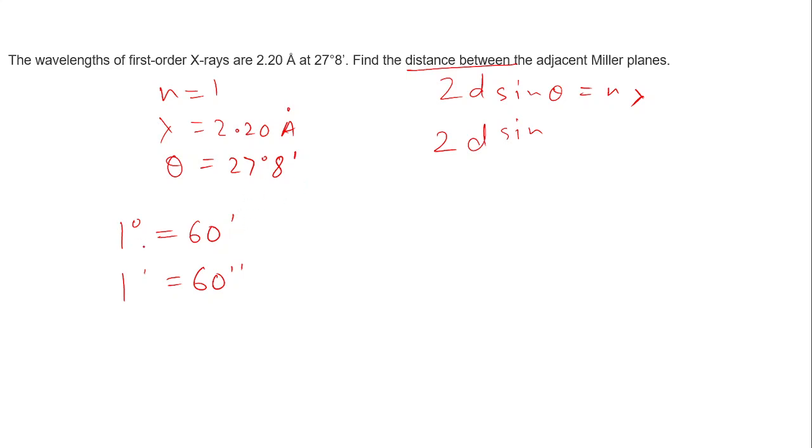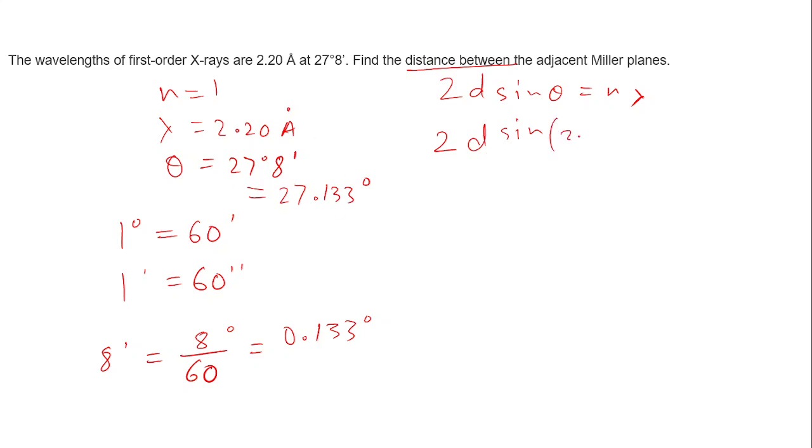So 1 degree is 60 minutes, means 8 minute will be 8 divided by 60 degree, means 0.133 degree. That means total this is 27.133 degree. 27 degree 8 minute means 27.133 degree is our glancing angle.